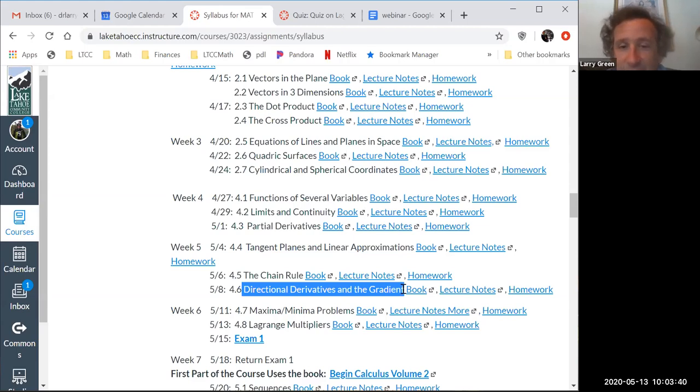So it's very easy: 0. The directional derivative is always 0 if it's in the direction of a level curve. It's always maximal in the direction of the gradient, and minimal in the opposite direction of the gradient. So again, you should understand all that stuff.